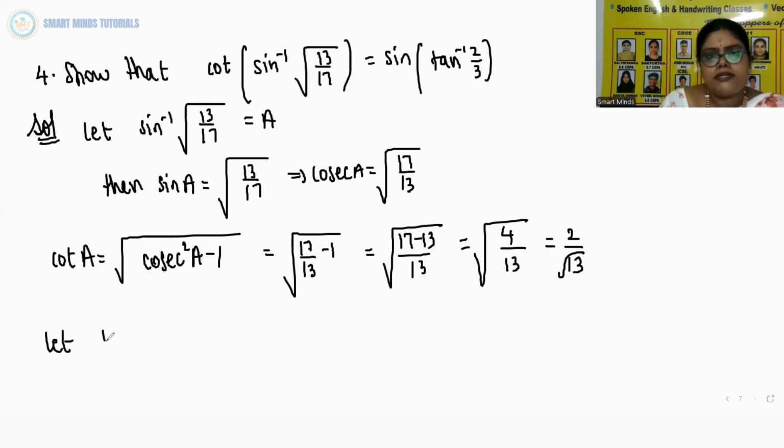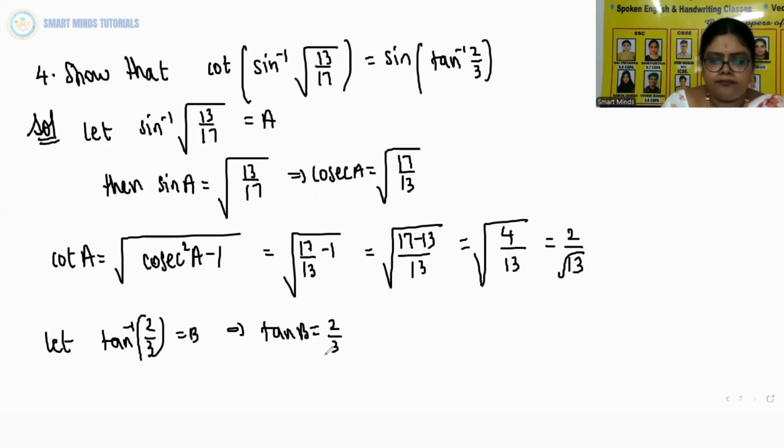Now let us say tan inverse 2 by 3 equals B. Then if I take tan inverse to the other side, we get tan B equals 2 by 3. Therefore, what is sin B?